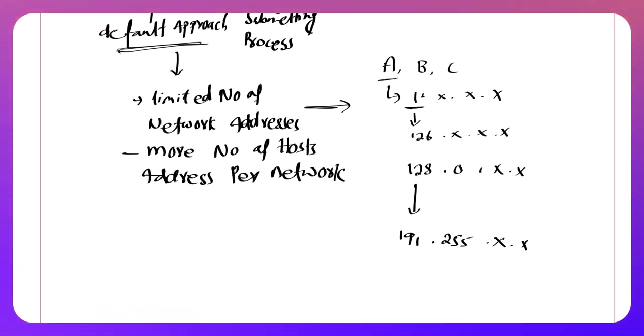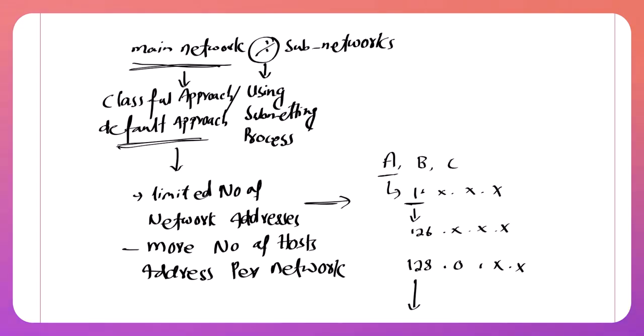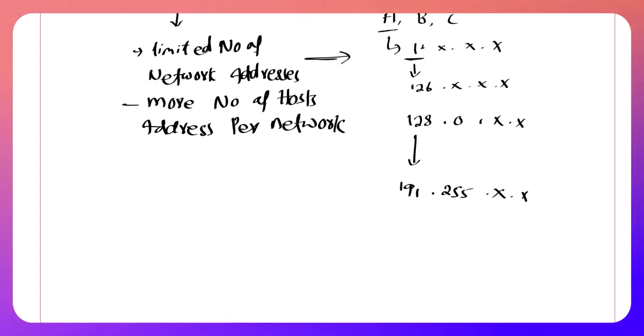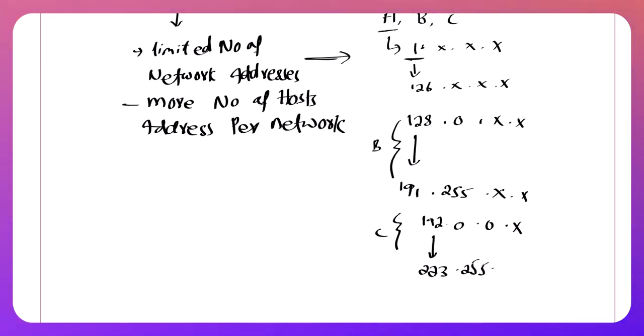And class C starts from 192.0.0.x and goes up to 223.255.255.x. Here we can find the number of networks.